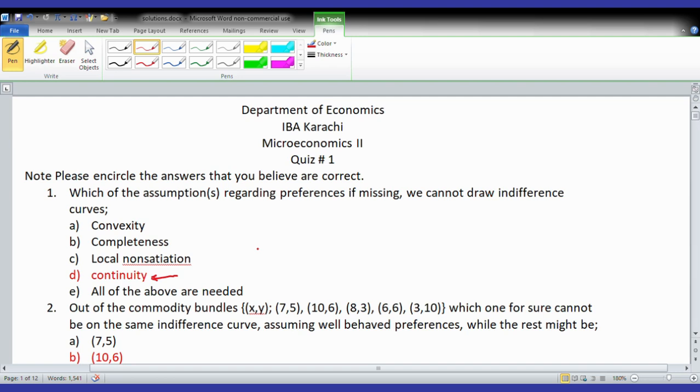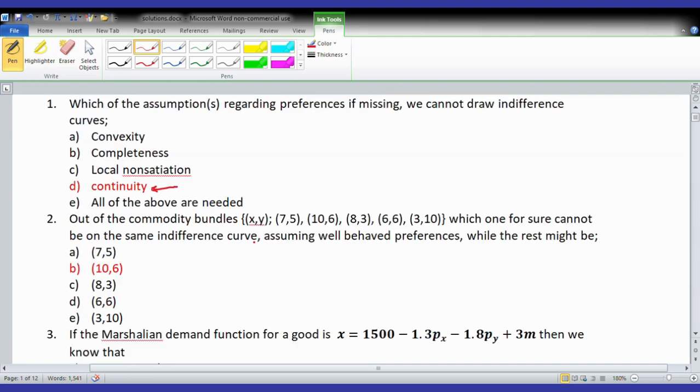It rules out the lexicographic preferences, as well as it ensures that the indifference curves are not having holes in them, and so continuity is the correct answer for the first question.